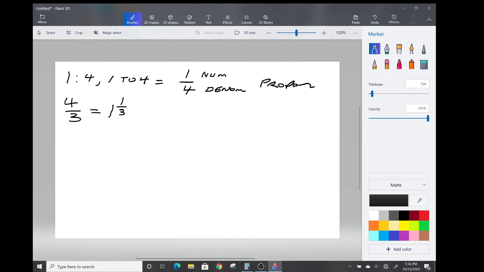So, 4 over 3, or 4/3, is 1 1/3. And why is that? If you remember your Khan Academy, 3 over 3 equals 1. But in this case, we have 4/3, yes?